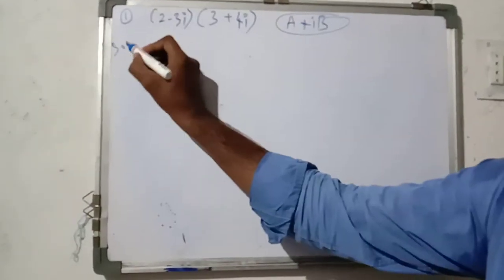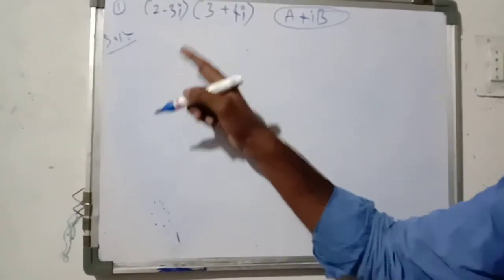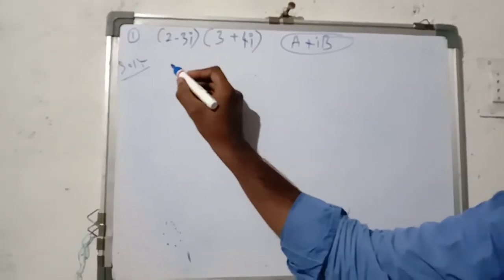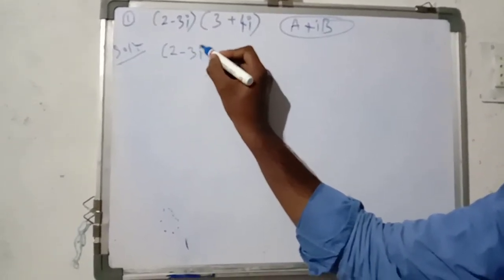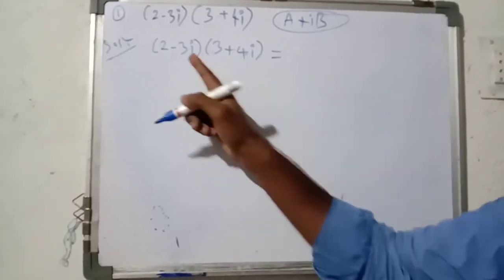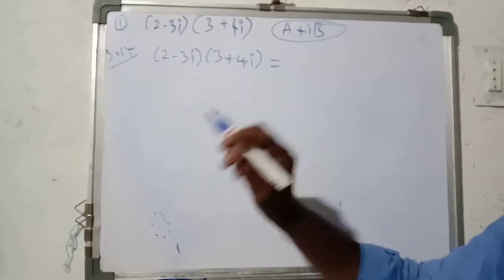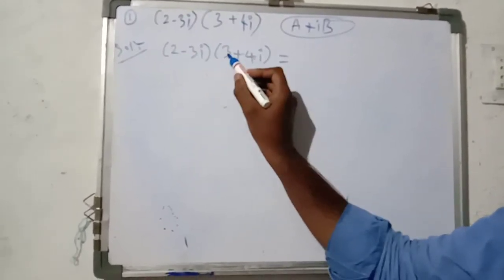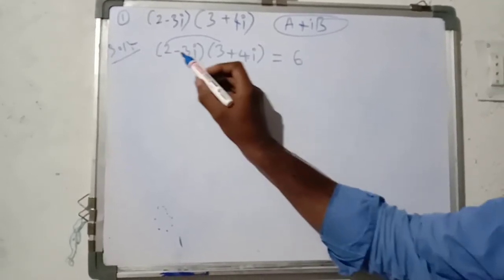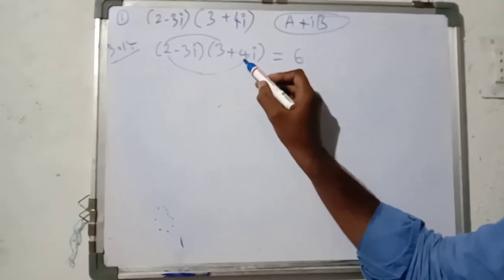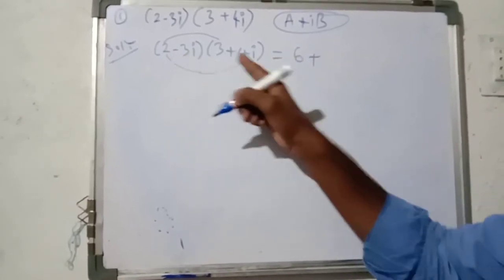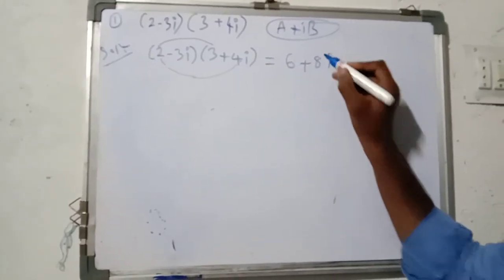Okay students, kindly observe here. We have two complex numbers, (2 minus 3i) into (3 plus 4i). So simply multiply these two parts. 2 into 3 is 6. Next, 2 into 4i is 8i.